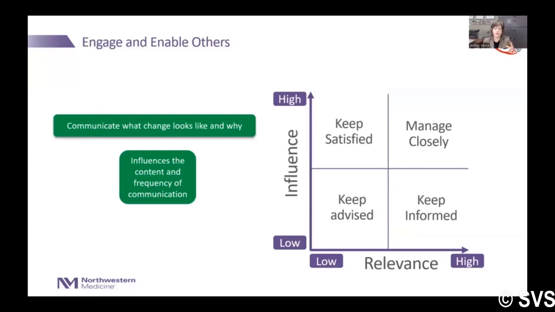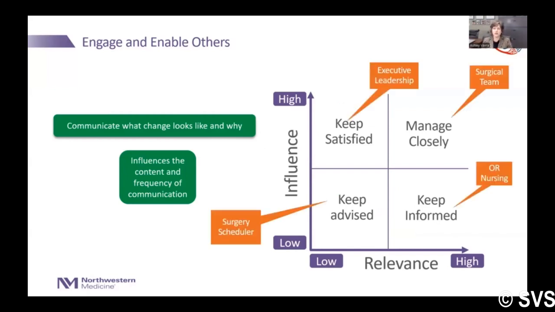You then take that vision for change and disseminate it to everybody who's impacted. And because that's a very large, wide range of folks, I felt it was helpful to map them out on this influence relevance matrix to help identify how to communicate and how frequently. So for example, our surgical team needed a lot of detail.